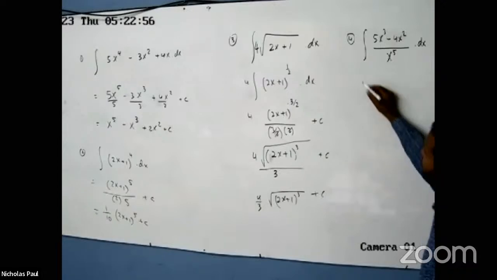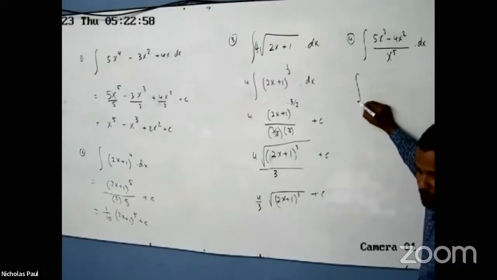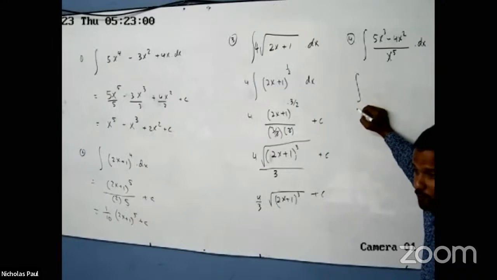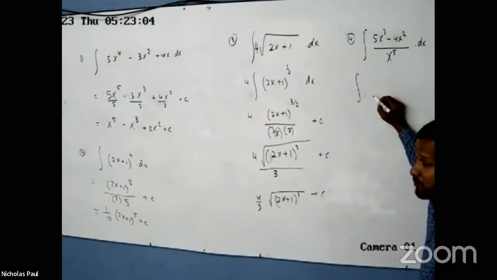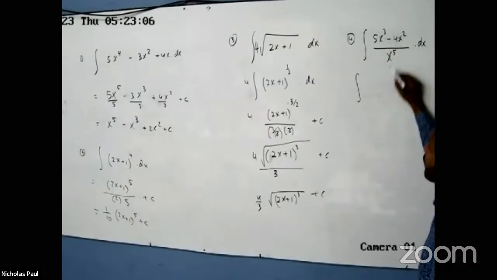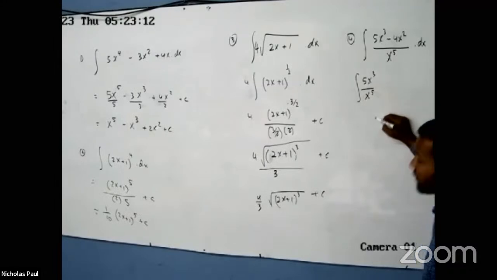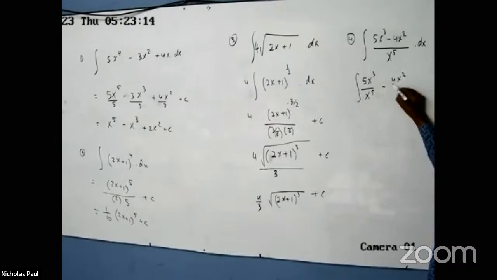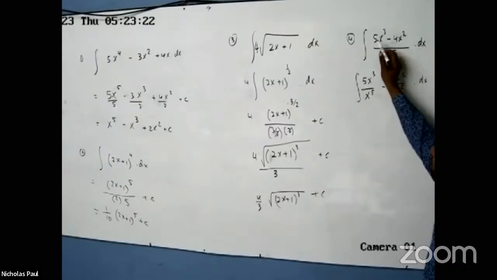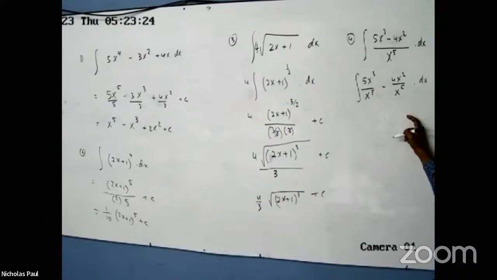Okay, you multiply that after. So what about breaking it up? What about putting 5x cubed over x to the 5 minus 4x squared over x to the 5? If you bring it up, you'll get minus 5 and then you multiply it, you should get something similar.